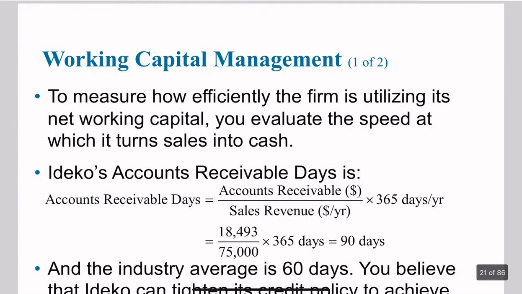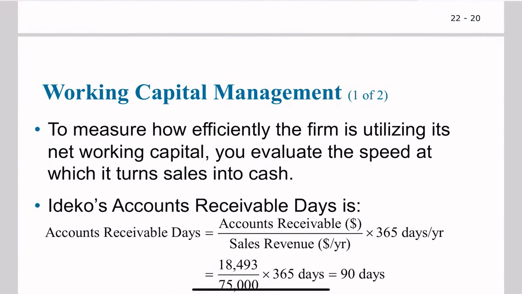Okay, now let's talk about some other improvements we can make. Now we talk about working capital management. So first, why do you want to think about working capital management?